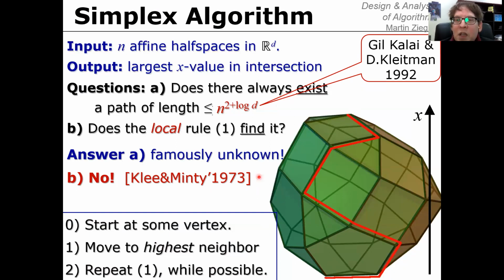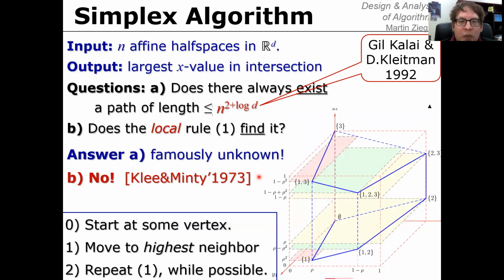And these Klee-Minty cubes basically start from a cube, and a cube, you know, has an exponential number of vertices. In dimension d, it has 2 to the d vertices. And then Klee and Minty slightly perturb that cube. Here you see a picture, in red is a 3-dimensional cube.